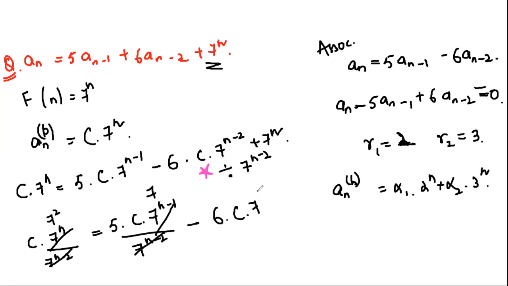This will be into 7 power n minus 2 by 7 power n minus 2, completely cancelled. Then again this will be left with 7 square. So now we can write this equation as 49c is equal to 35c minus 6c plus 49.